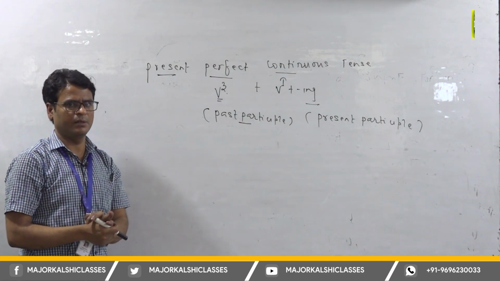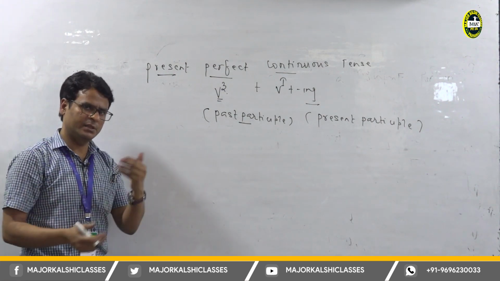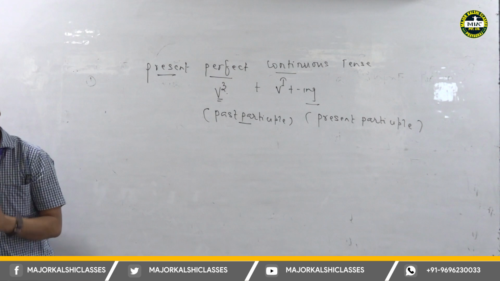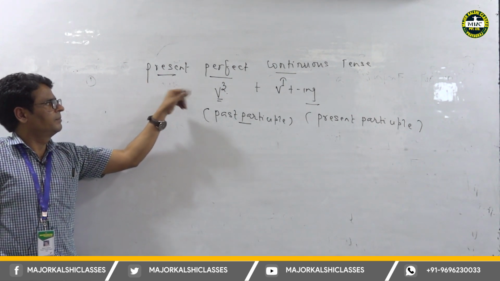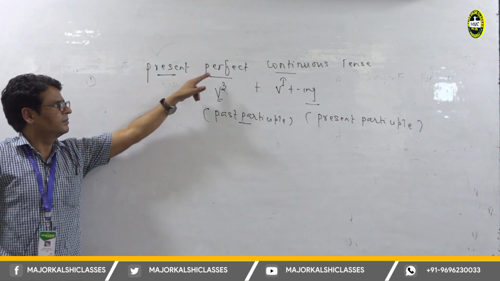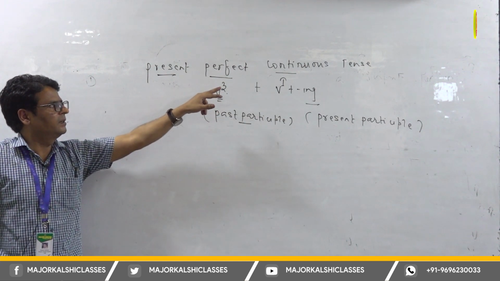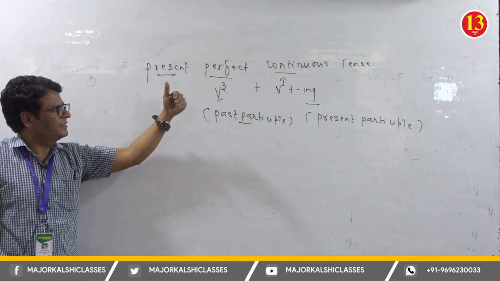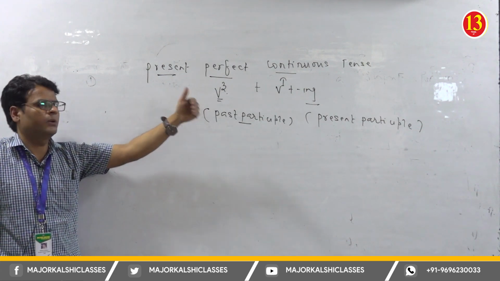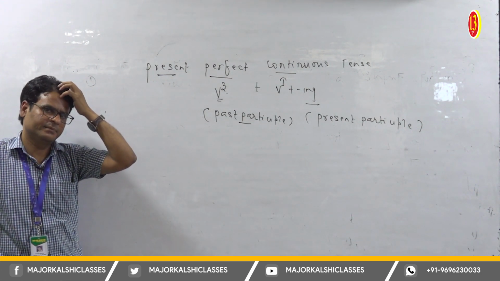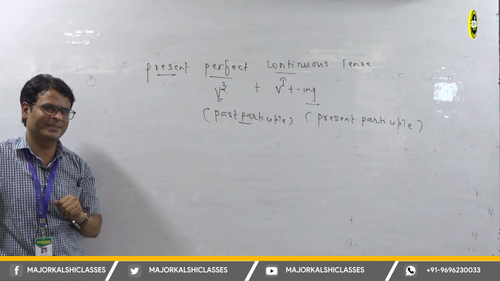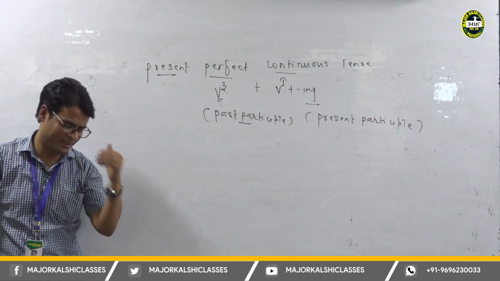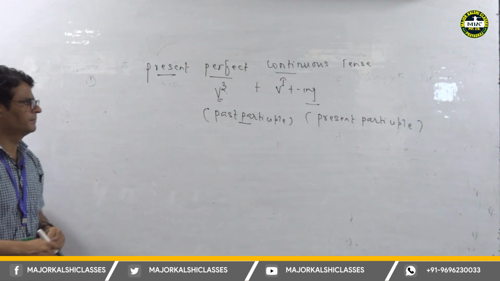Is it possible or not? Just think. Then after that I will tell you whether it is possible or not. Present perfect tense, perfect means third form and continuous means ing form. Is it possible that in this tense we have to use third form plus ing form? Is it possible or not? Not possible. Okay, I will tell you it is possible.